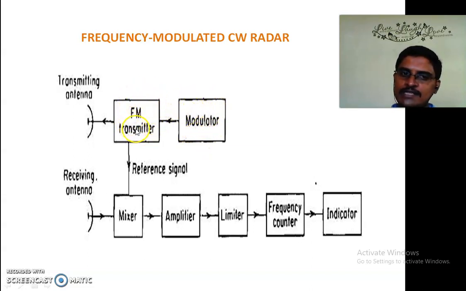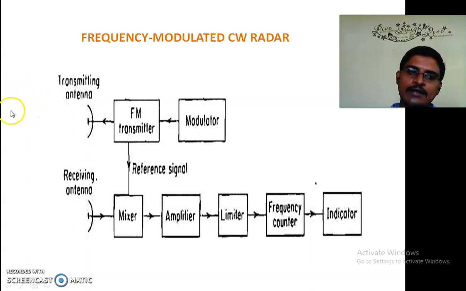This FM transmitter generates the FM signal. The frequency modulated signal travels via a transmission line to the transmitting antenna, where it is radiated into free space towards the target, and that hits the target.